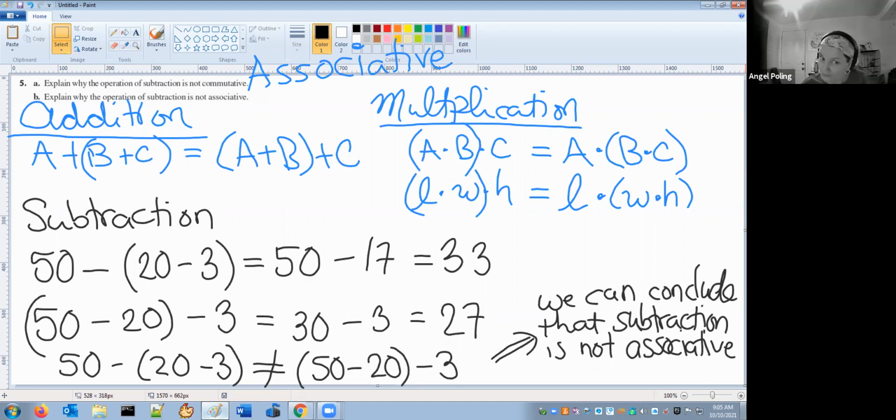But if we distributed the negative, then we would have the same answer. So as you force yourself to leave the symbols there, recognizing their operations and not negative numbers, then you can show this counterexample or some counterexample.